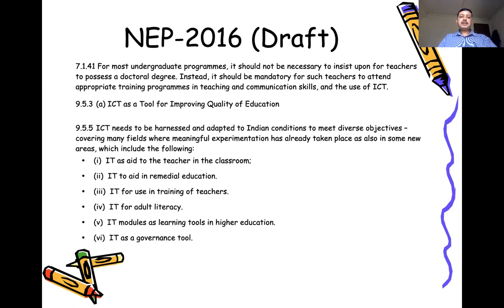The desired objectives are six in number. IT as an aid to the teacher in the classroom. It aids in remedial education. It is used for training of teachers. It is for adult illiteracy. Its modules are learning tools in higher education. IT as a governance tool. These are the recommendations given in NPE 2016 and even 2019 also.